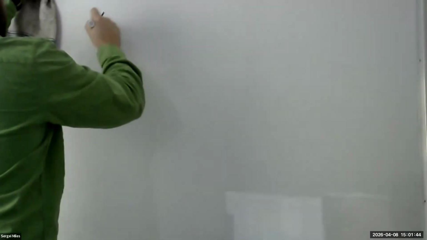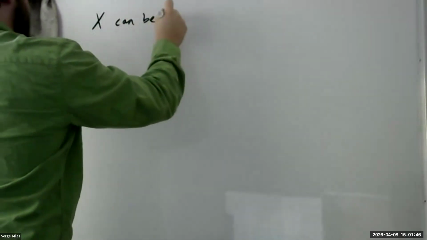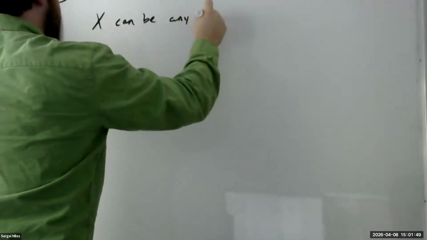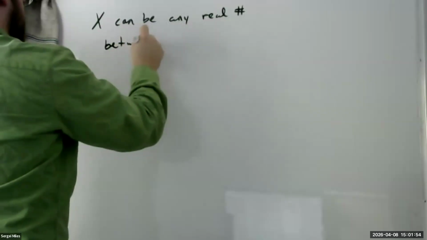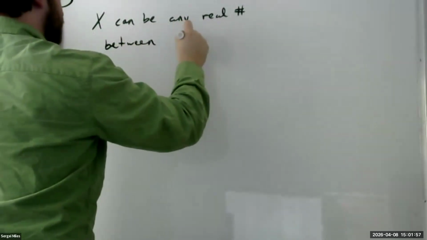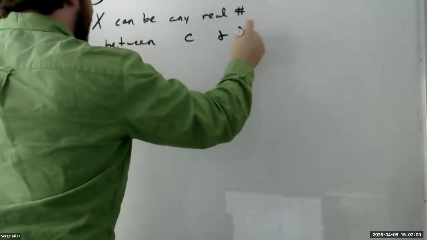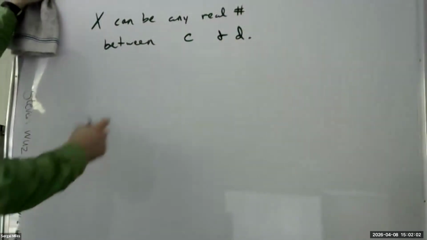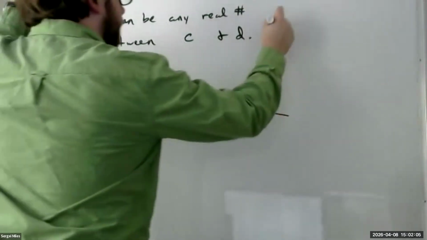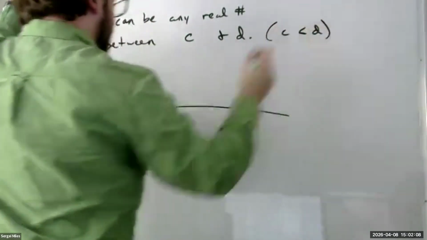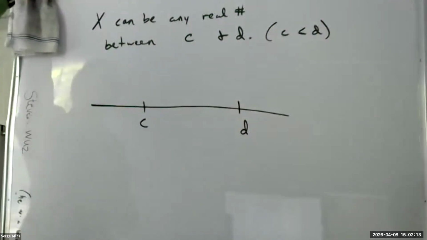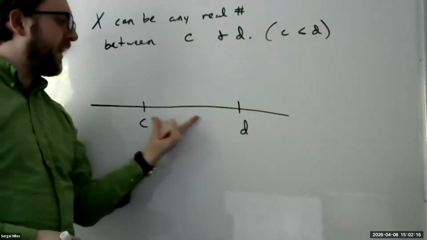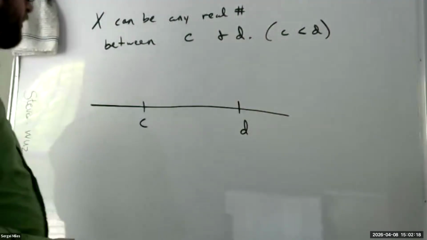So suppose X can be any real number between C and D, whatever they are, right? On the real number line, assuming that C is less than D, that means C is to the left, D is to the right because D is bigger. And so the random variable can be any number between C and D, right?